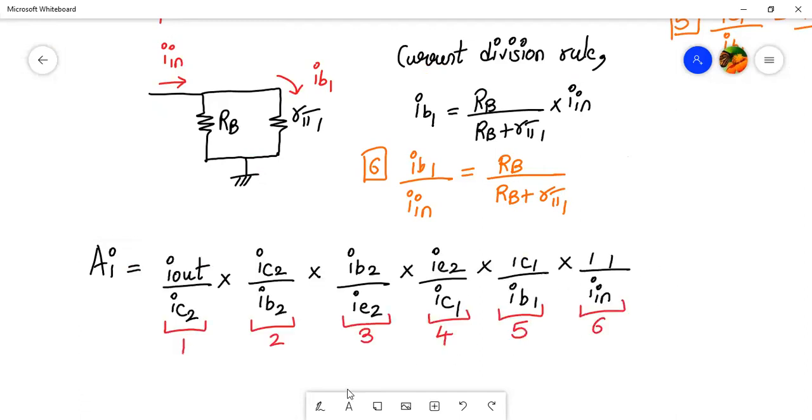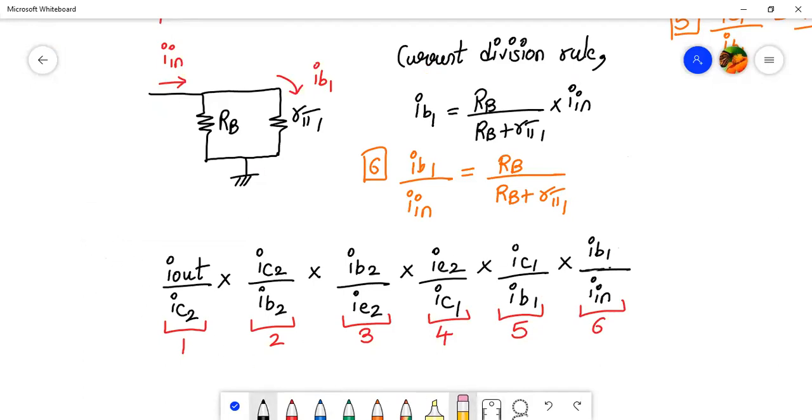Here it should be I, and here it should be IN. This should be IB1. This will be the current gain. Sorry for the delay. This is AI equal to.